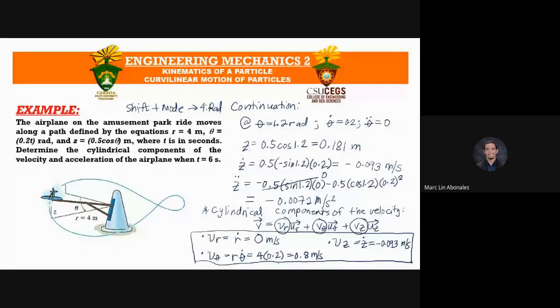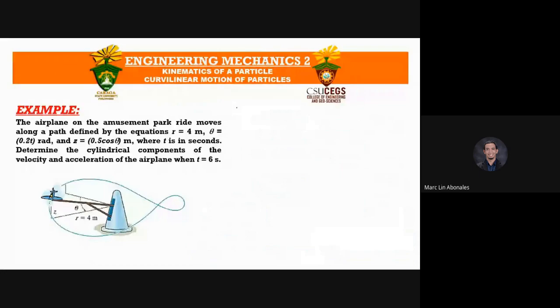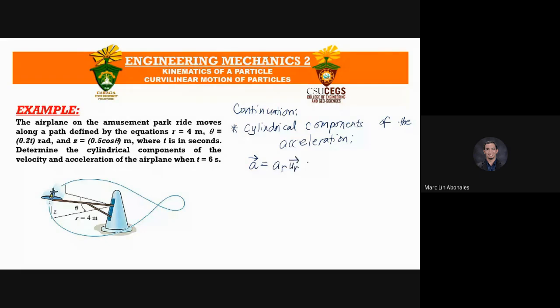And lastly, just a continuation, for the cylindrical components of the acceleration, the component form or vector form's acceleration in 3 dimension is AR times the unit vector UR plus A theta times the unit vector U theta plus AZ times unit vector UZ.